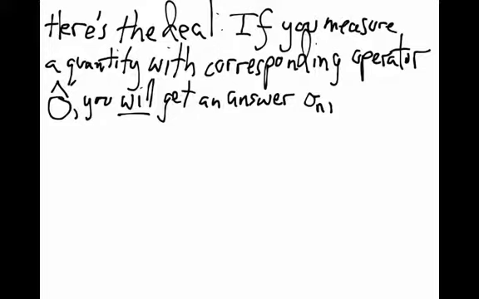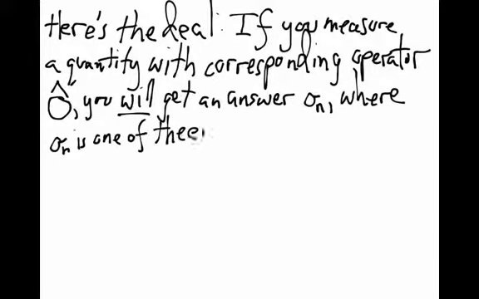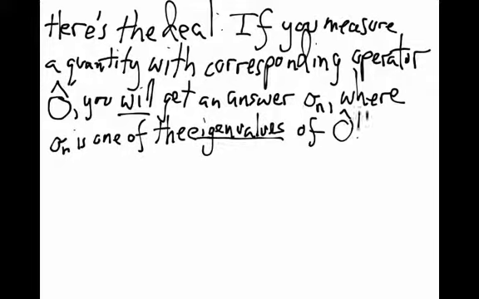And it's going to correspond to some value that we're going to call o sub n. Now, o sub n, the answer you get, is going to be one of the eigenvalues of the operator O, big O with a hat.